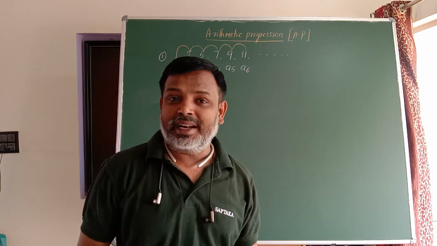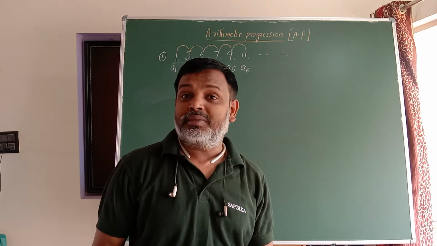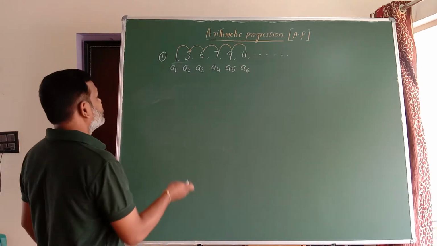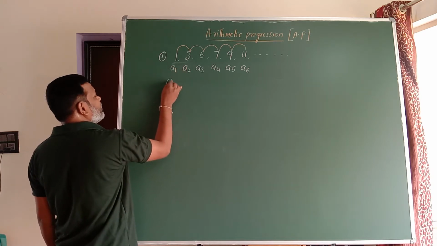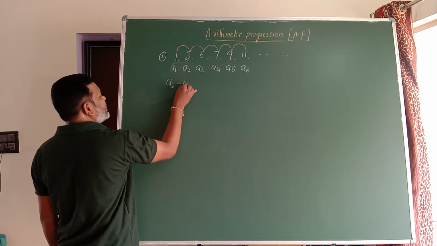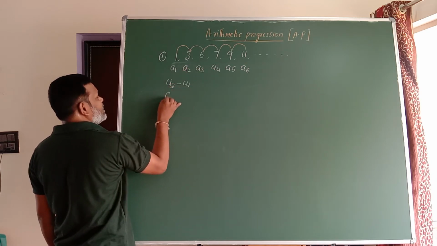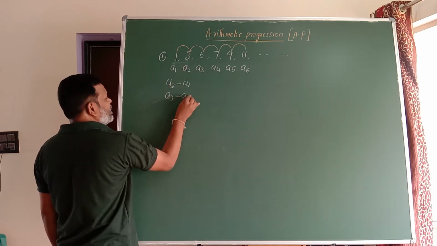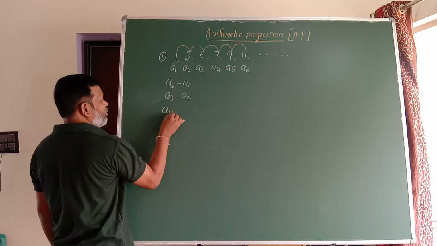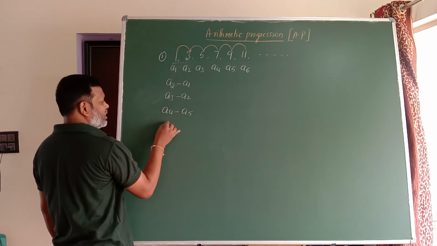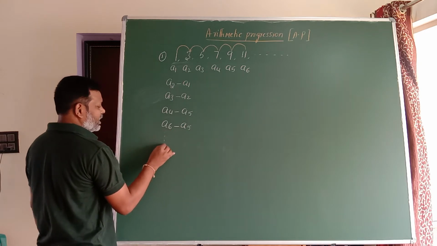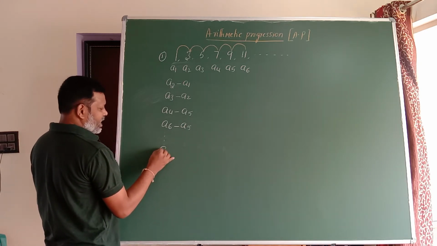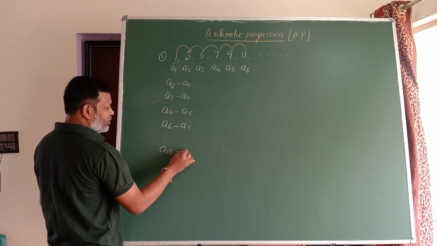I already said the difference of every pair of succeeding term and preceding term. So to find D: A2 minus A1. Next, A3 minus A2. Next, A4 minus A3. Next, A6 minus A5. And so on like that. A10 minus what? A9.